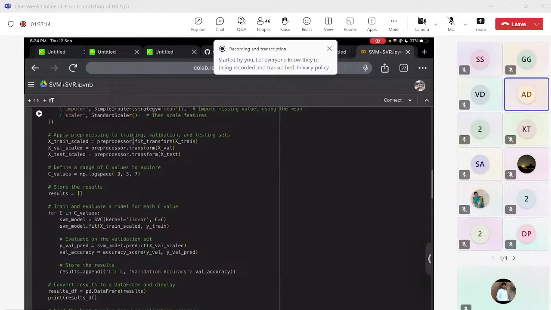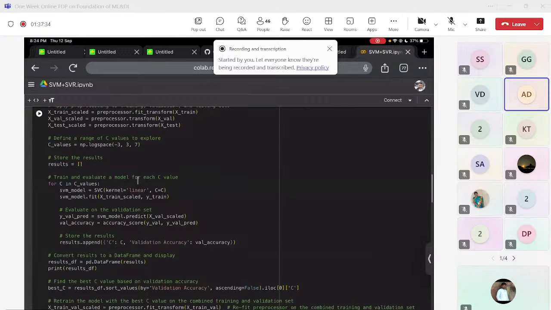Okay, now once you've preprocessed your data set, let's do hyperparameter tuning for the C value. If you remember, the C value defines how much error is okay when you're doing your SVM classification. So a bunch of different C values are possible. We are taking them in log space from -3 to 7. Like yesterday, we just write a for loop across different values.